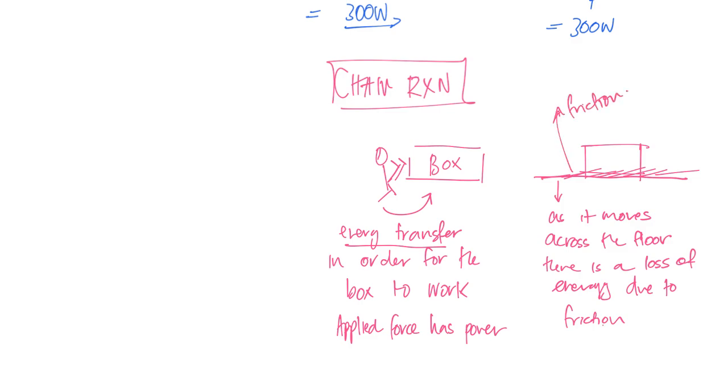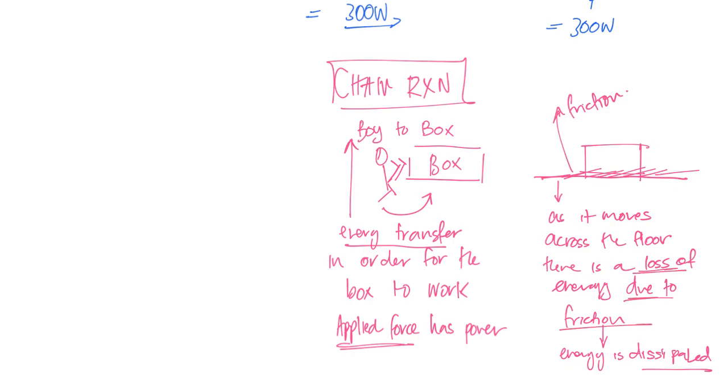Now this energy is dissipated, and we'll look at what we mean by energy that's dissipated in a bit. So that's the two things that's happening. When we apply force, the energy transfer is from the boy to the box. That's the energy transfer, boy to box. When it's friction, there's a loss of energy due to that friction, the difficulty of it having to move across the floor.